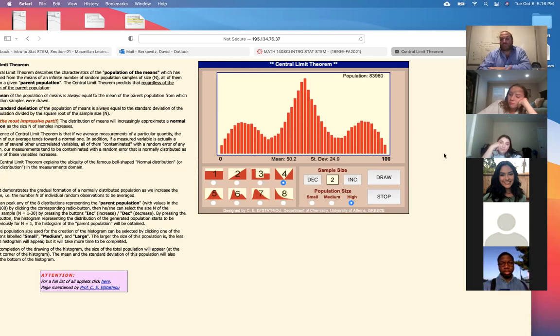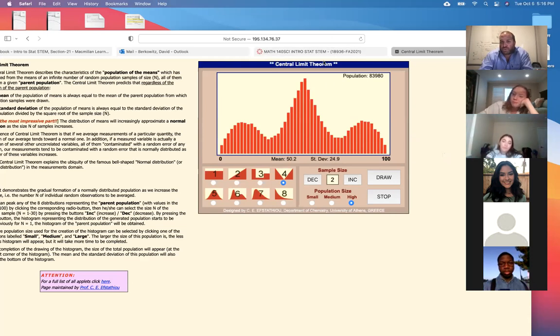I just took a sample of 83,980, and I got numbers in the middle more often than anything else. I got relatively large numbers pretty often and relatively small numbers pretty often. The numbers in the middle occurred the most. Does that make sense? Seem reasonable based upon the original distribution?